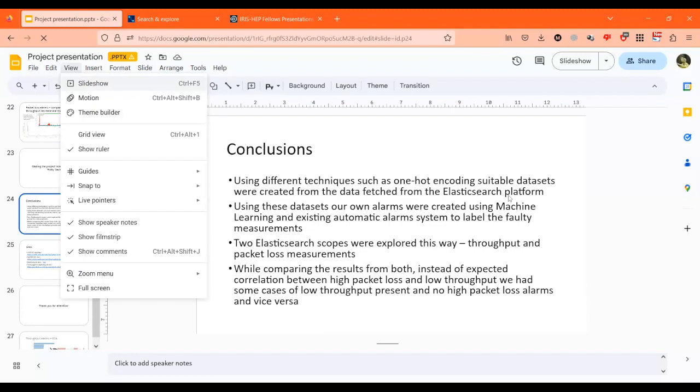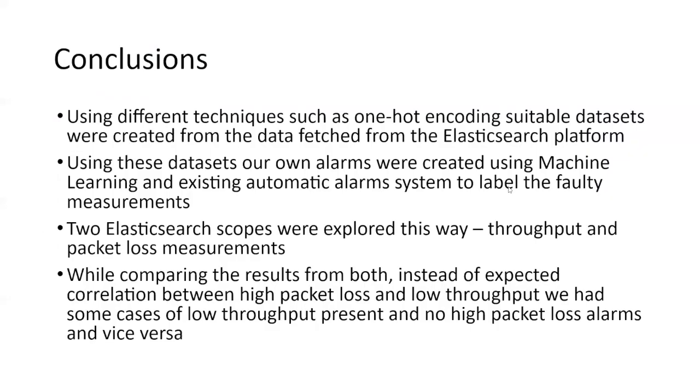In this project, we first created suitable data sets using different techniques such as one-hot encoding, using data fetched from the Elasticsearch platform. Then, using these data sets, we created our own alarms using machine learning, and this way we explored two Elasticsearch scopes with the throughput and packet loss measurements.